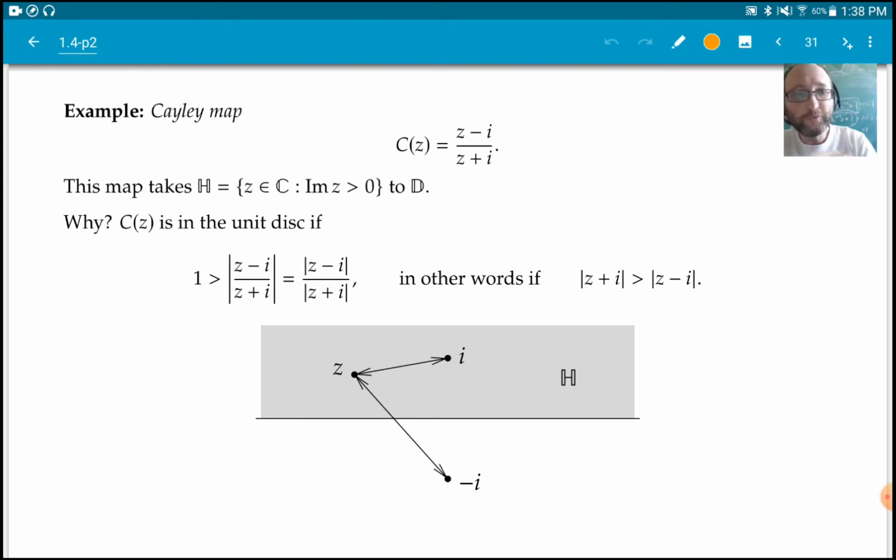So if z went into the unit disk, that meant that the distance to i is strictly less than the distance to minus i. Well, just a little bit of geometry, and we see that it has to be above the real axis, right? So it has to be in the upper half plane.